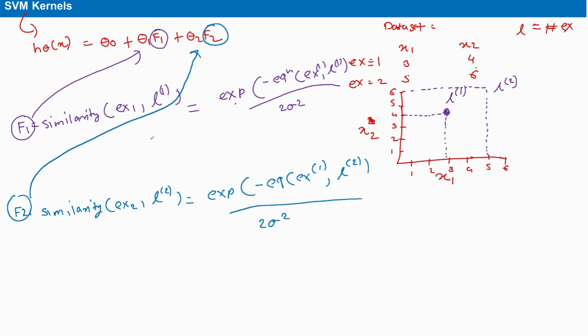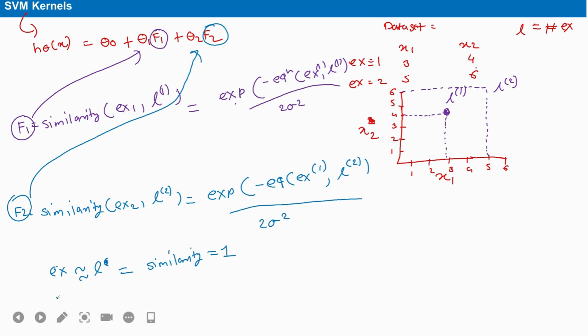And one more thing: if your example and landmark are similar, meaning your example is close to the landmark in that 3D space, you will get a similarity score of 1.